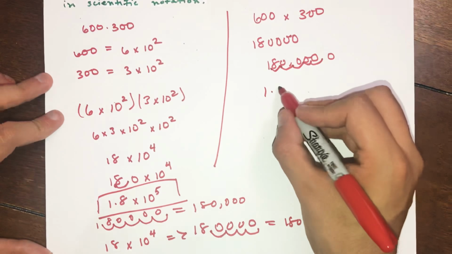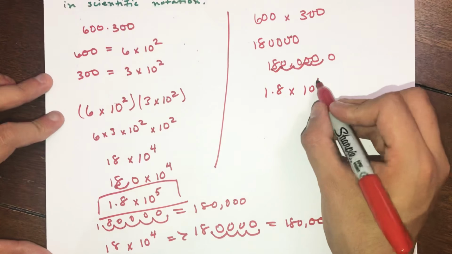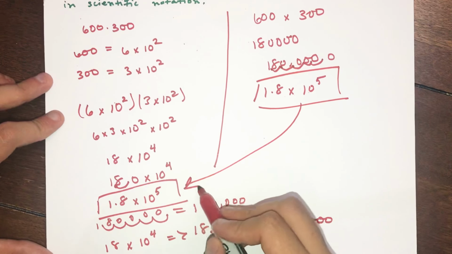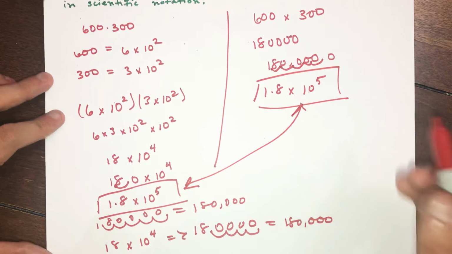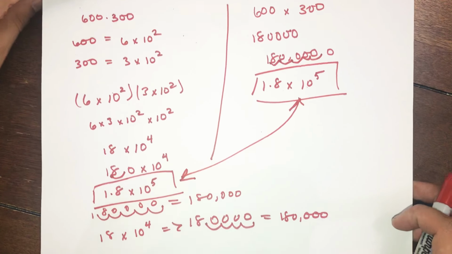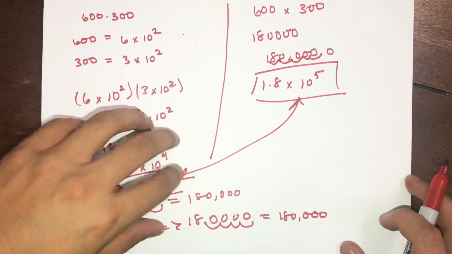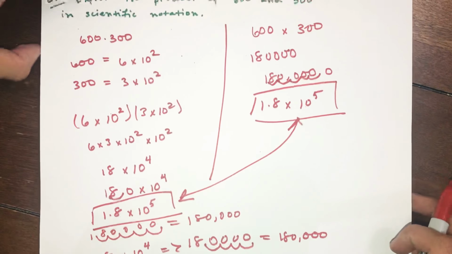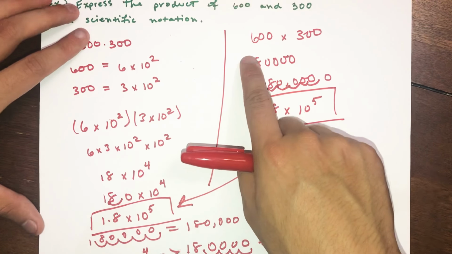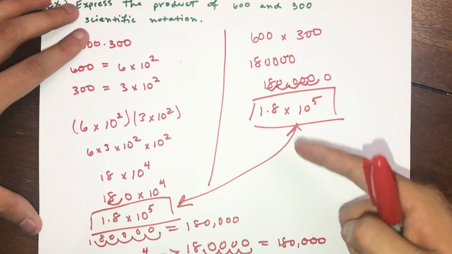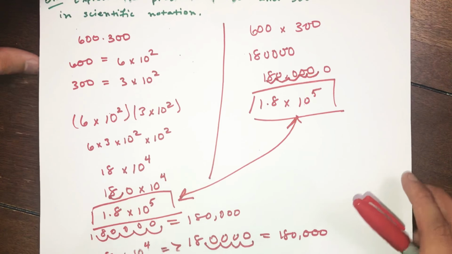Okay, so we get 1.8 times 10 to the 5, and that's the same one as over here. So it doesn't matter which method you use, as long as you're doing it correctly and you don't forget any steps. Maybe you felt a little more comfortable with this method, where you just multiply the numbers, get a standard form, and then go to scientific form. Whichever method you prefer, you can use.